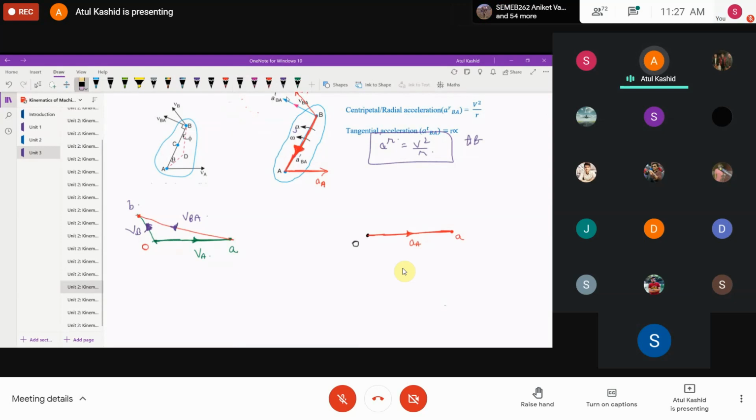So your arrow for the radial acceleration will always point towards the center of rotation. So here is the point A in the acceleration diagram now.